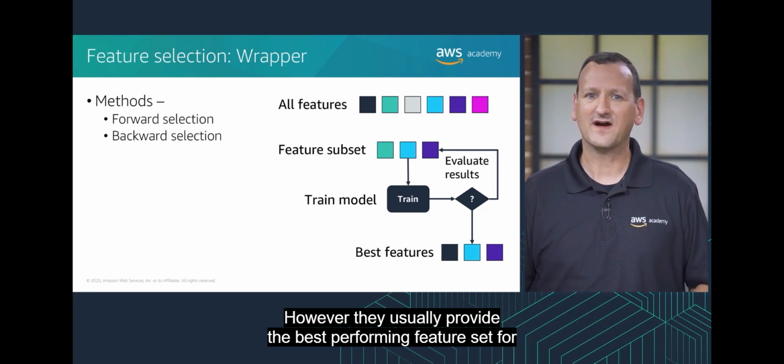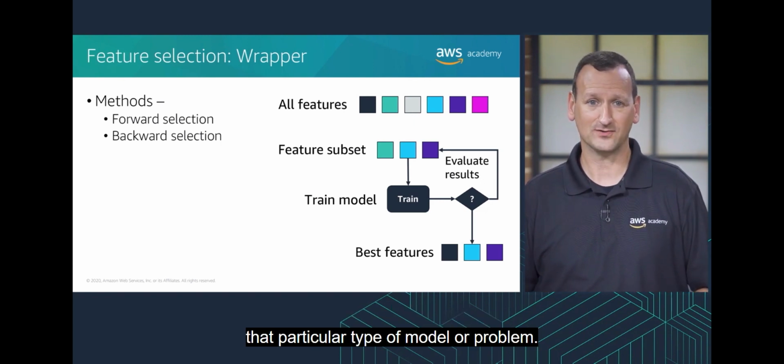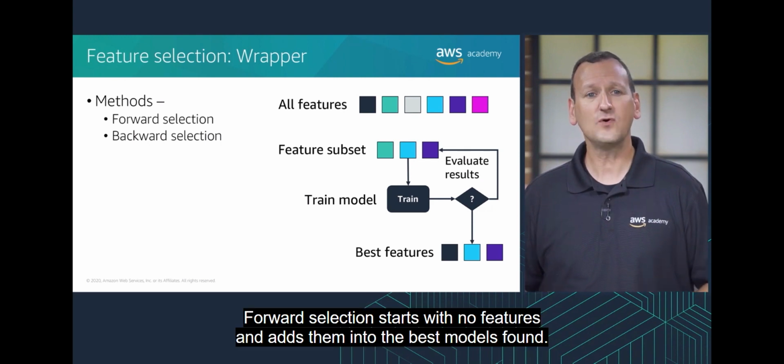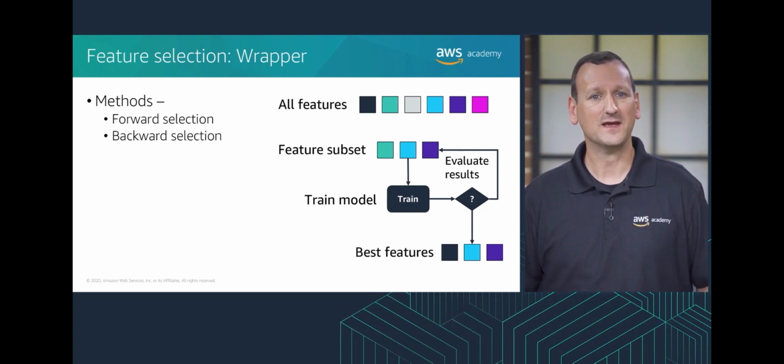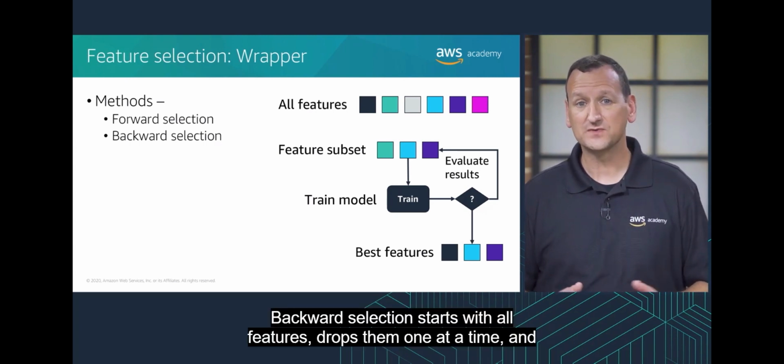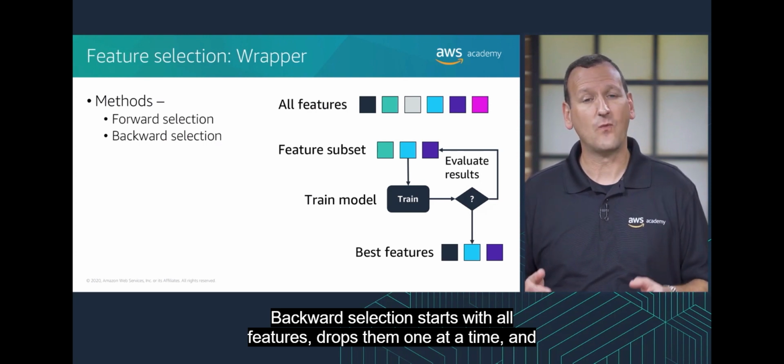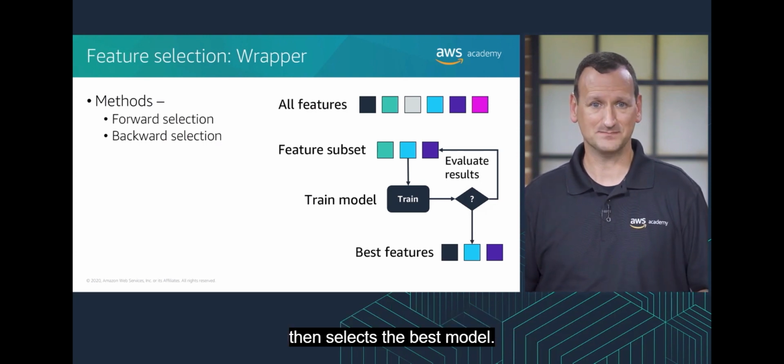However, they usually provide the best performing feature set for that particular type of model or problem. Forward selection starts with no features and adds them until the best model is found. Backward selection starts with all features, drops them one at a time, and then selects the best model.